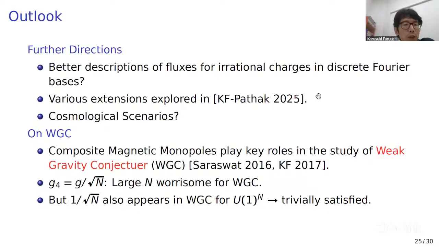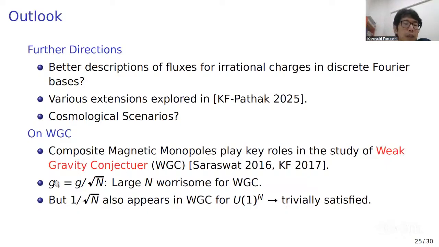Hopefully this looks quite interesting: magnetic monopoles connected by magnetic fluxes. It may have interesting cosmological scenarios, like other monopoles or cosmic strings played in some interesting scenarios. It may add some new scenario.